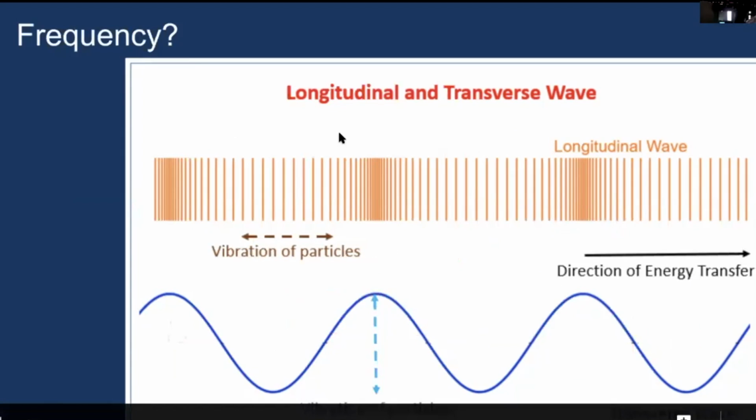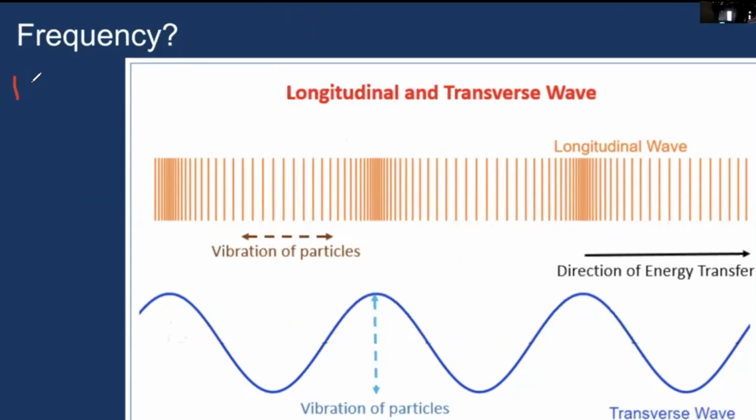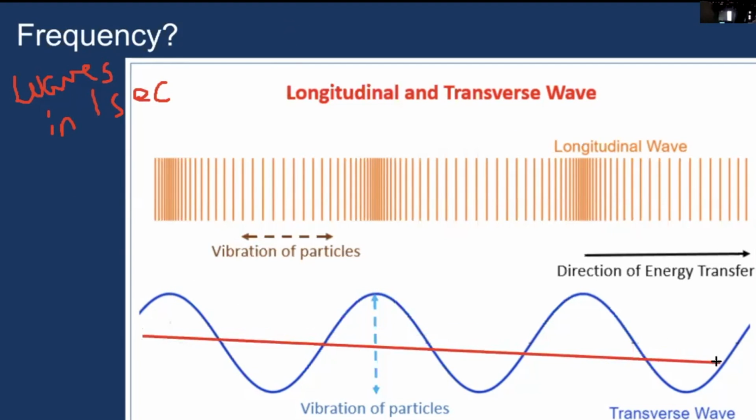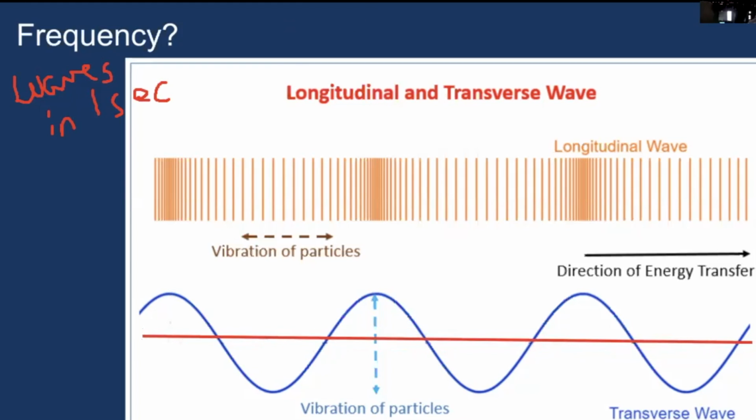Okay, frequency. I'm just going to tell you the test for frequency because of time. The frequency is, I get this backwards sometimes, how many waves in 1 second? So I've got my wave here, and now I'm going to look for, okay, we started here, and then here is 1 second.